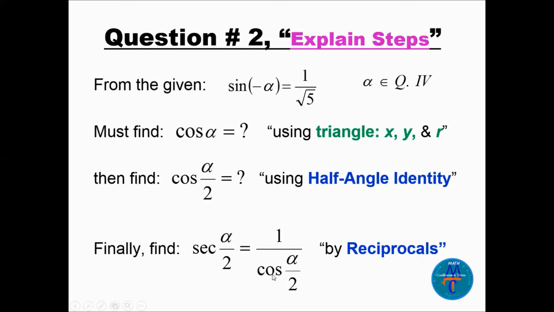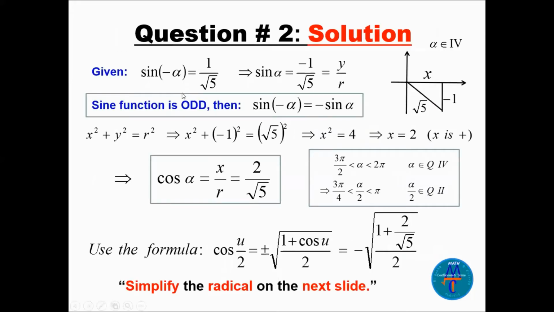Let's start. Sine of minus alpha is 1 over square root of 5. How to find cosine alpha? You can try it yourself, but I will show you now how. We know the sine function is an odd function, which means sine of minus alpha is equal to minus sine alpha.